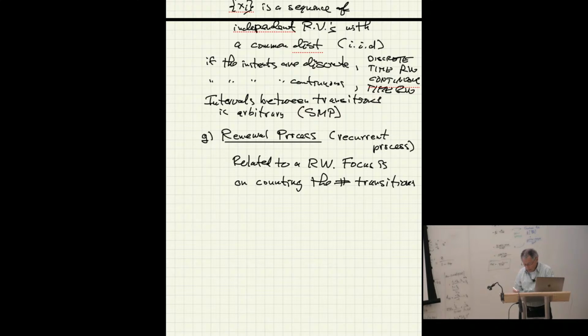And again, you want to do it as a function of time. Again, the distribution between transitions is a common distribution, that f of t we talked about.